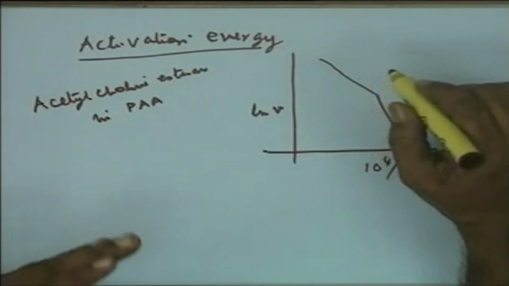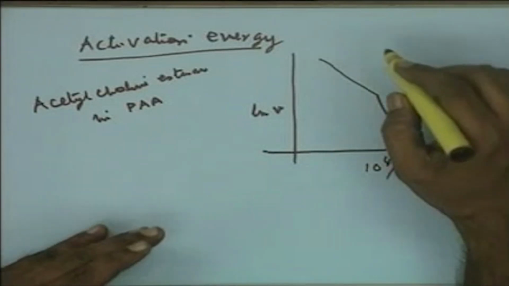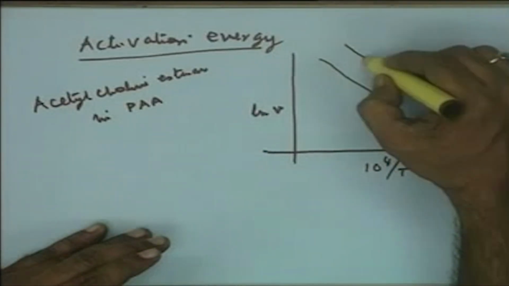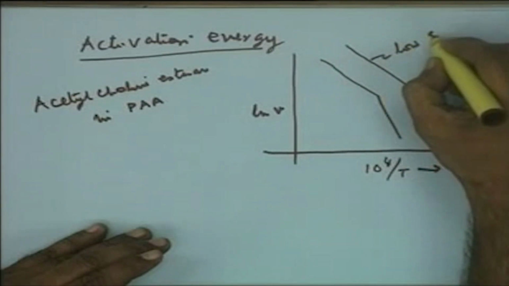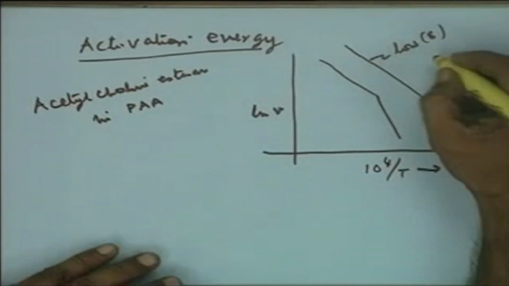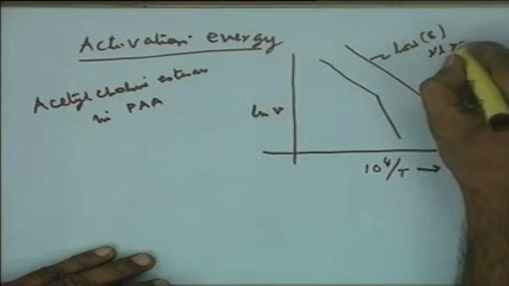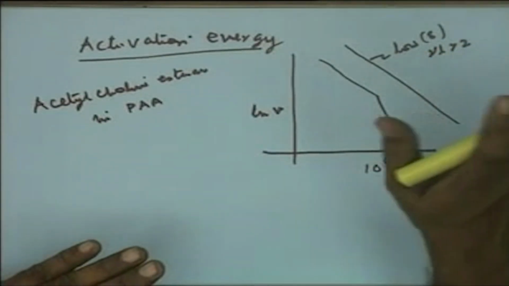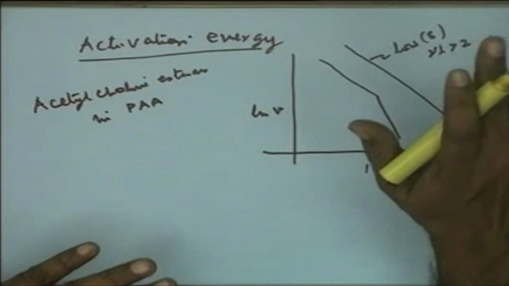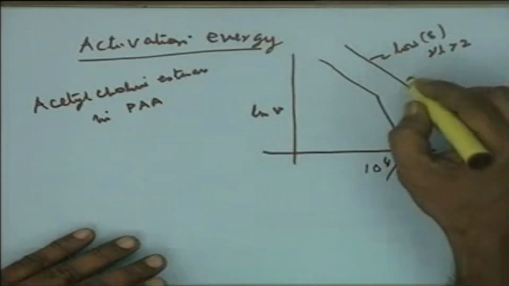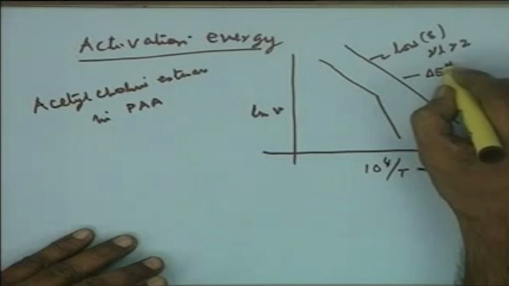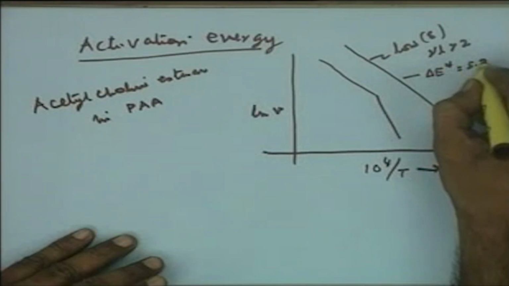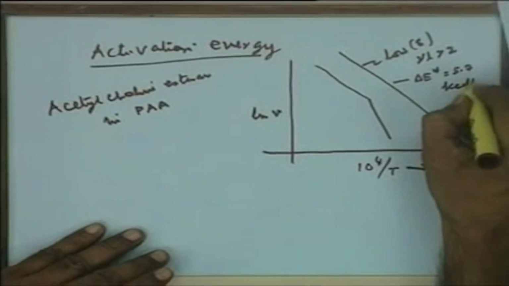That means the activation energy got changed. If you consider another situation, at low substrate concentration when gamma L is greater than 2, when diffusional control was established, the energy of activation noted, delta E star, was equal to 5.7 kilocalories per mole.